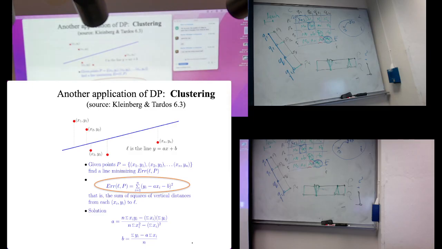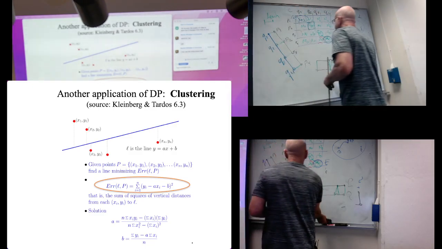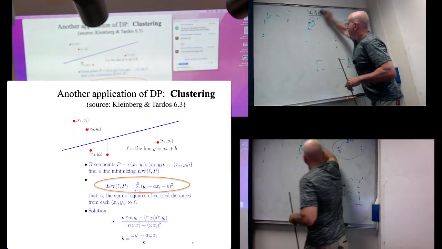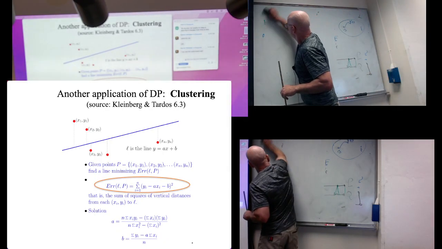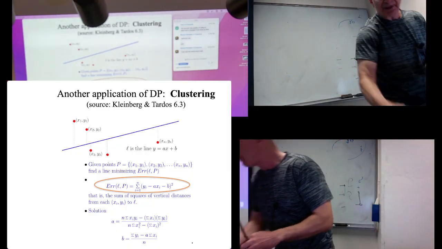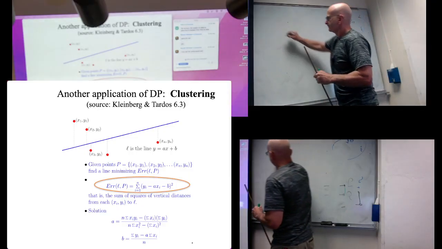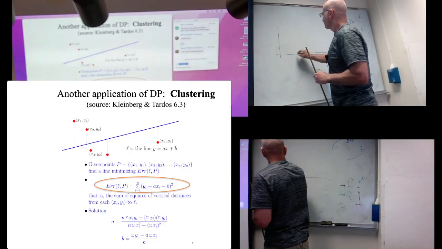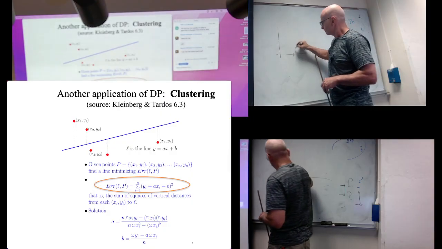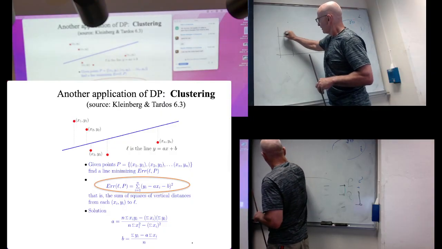Okay, so I want to look at the data, first a big picture. What is the input to my problem? The input to my problem is a set of points, xi, yi, and they are ordered. They are like data points.